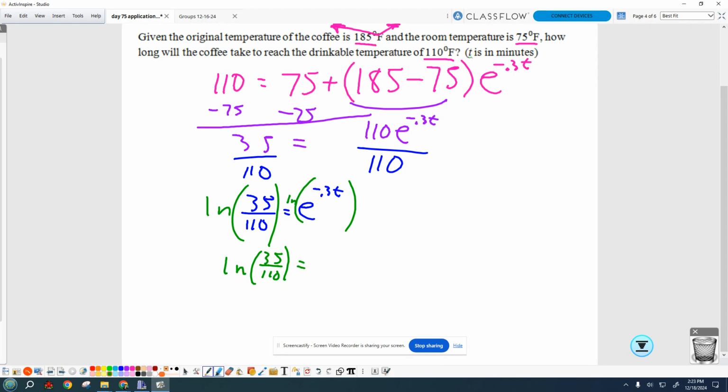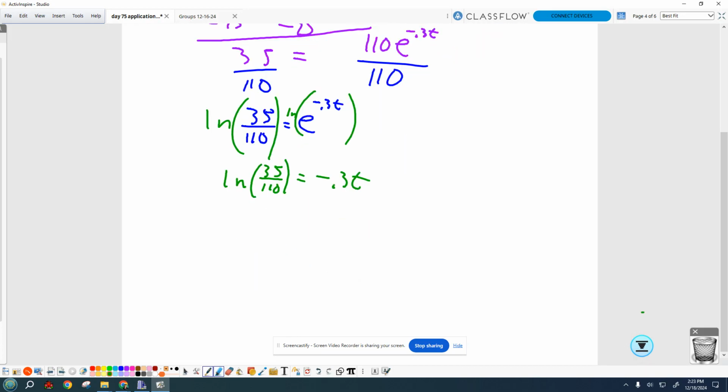Now, what's the other side become? Kamal, what's the very last step? I need to get T. Divide by that negative 0.3.